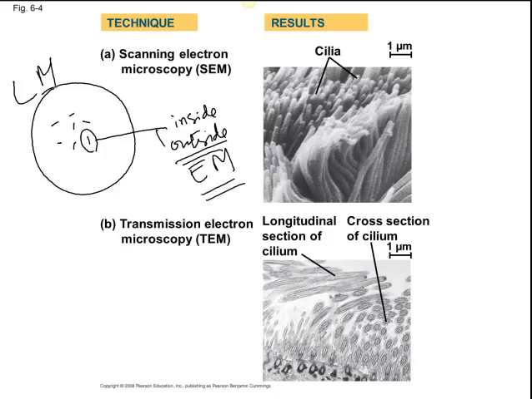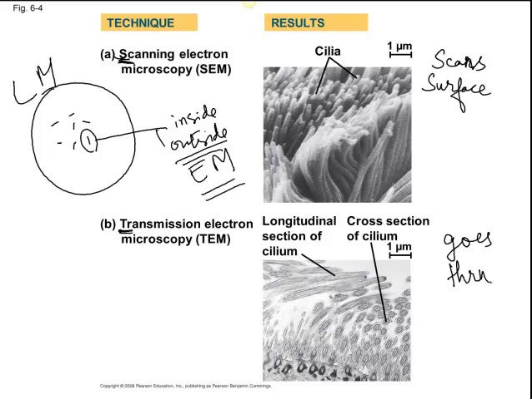Now, an electron microscope can be of two types: scanning electron microscope or transmission electron microscope. Scanning, the word gives you a clue that it scans the surface. Okay. Whereas transmission electron microscope, the word tells you it goes through the sample.